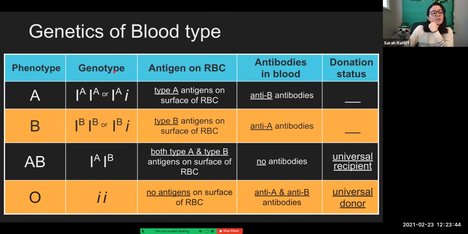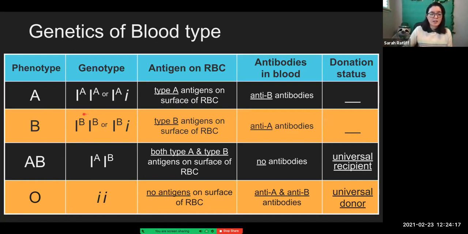All right, the genotypes here for A and B look just like Mendelian genetics. You can be homozygous dominant for A, or you could be heterozygous dominant for type A blood, an A and that recessive little i that is also recessive for type O. Same thing for type B blood.